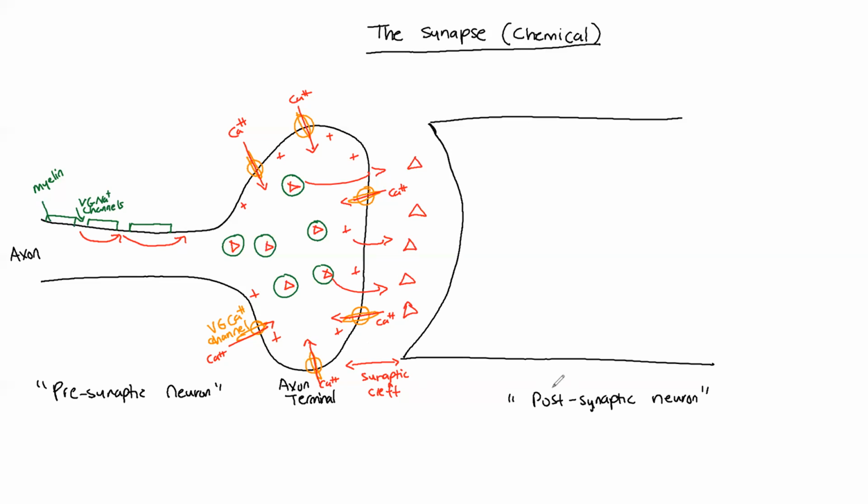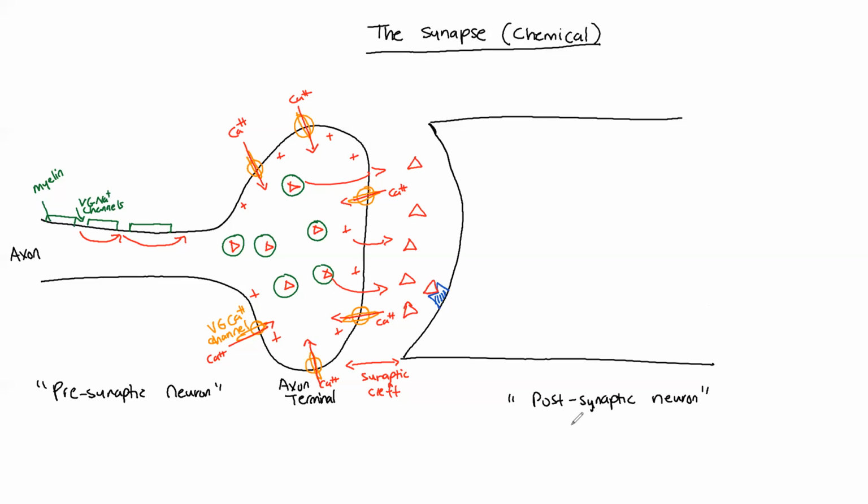Now this neurotransmitter is going to cross the synaptic cleft, cross this junction, and then it's going to bind to a very specific receptor. So let's draw this receptor here on our postsynaptic membrane. We've got this receptor located on our postsynaptic membrane, and it is specific such that it will bind our neurotransmitter.